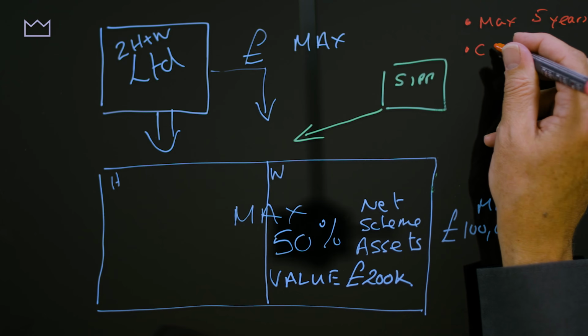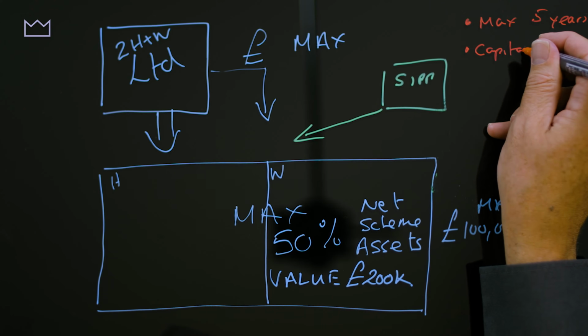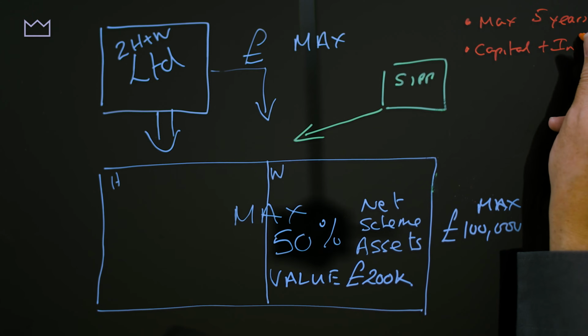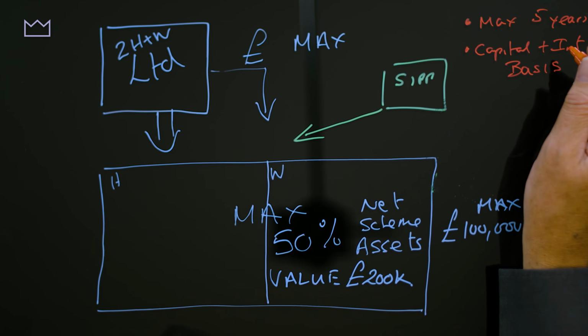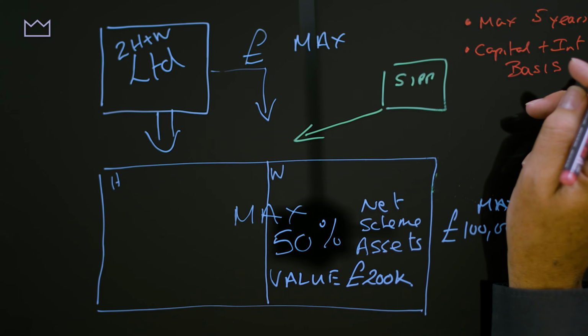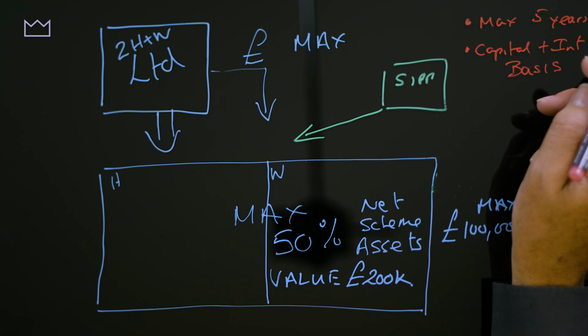It must be on a capital and interest basis. And the way that's calculated is also very prescriptive. The Revenue asks us to calculate the total interest payable over the 5 years and add this on at the beginning.